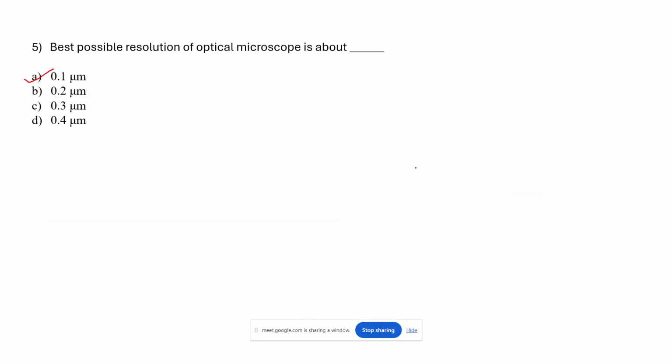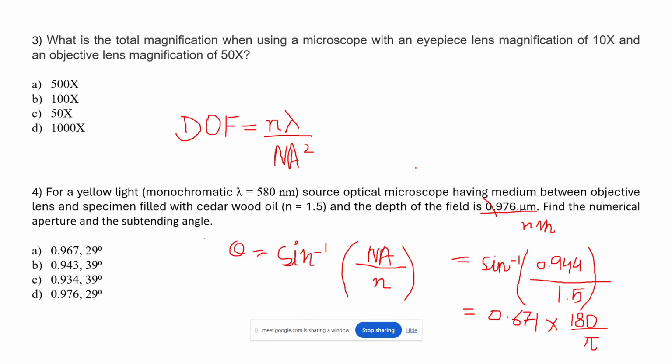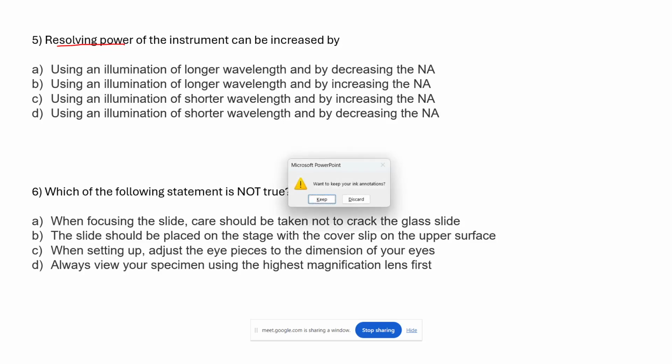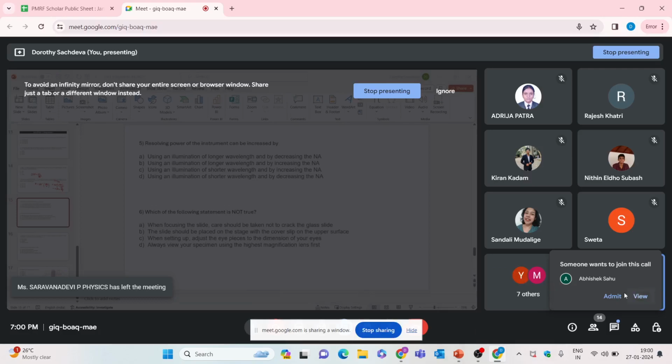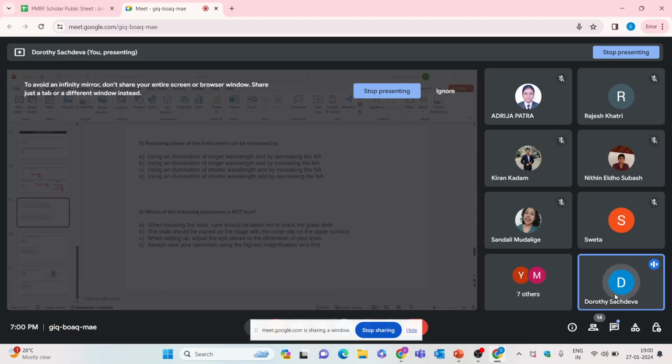Someone is again waiting in the lobby. Just a second. The session starting time was 6 o'clock, no? Then why are some people joining at 7 p.m.? Were you guys confused, or can you please tell me?